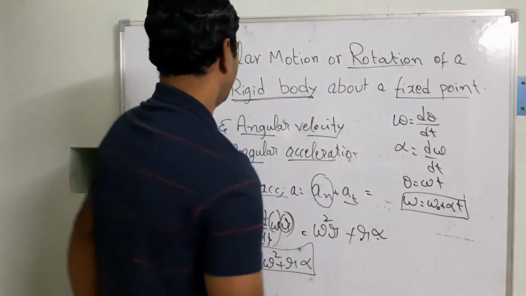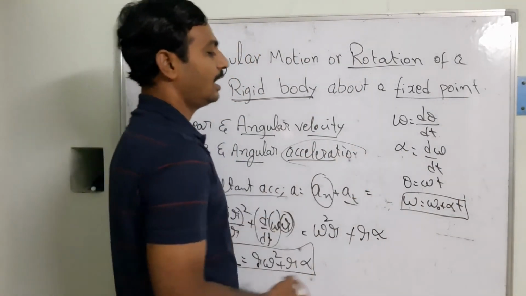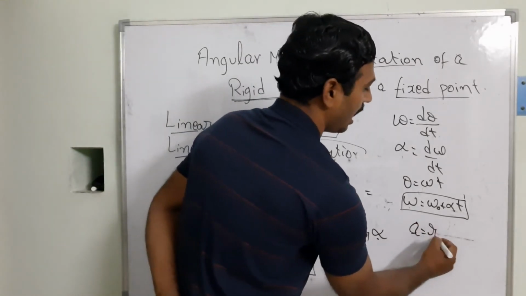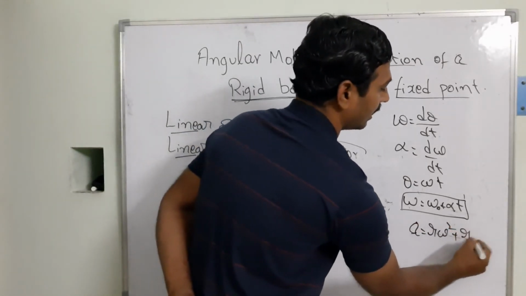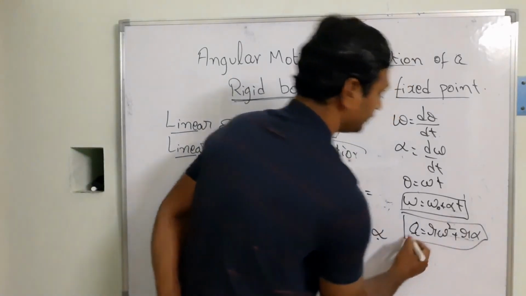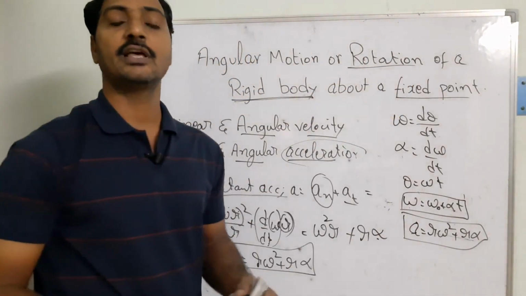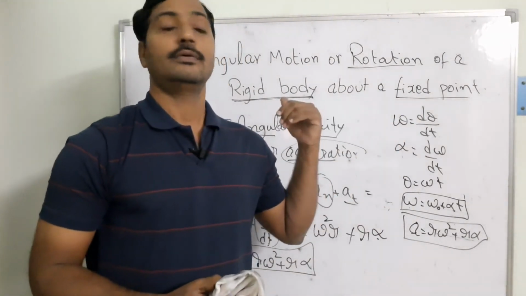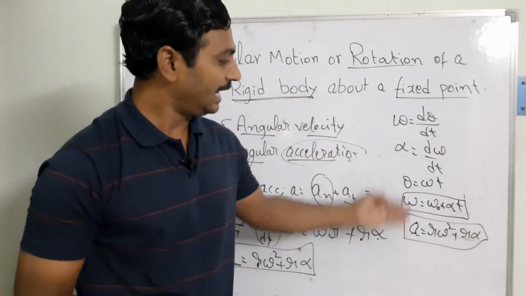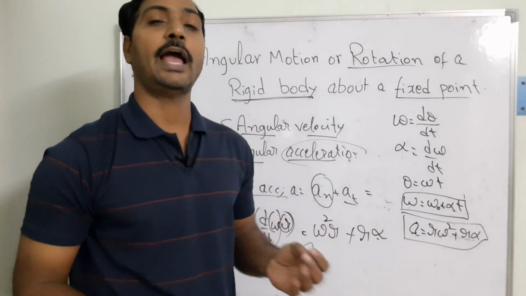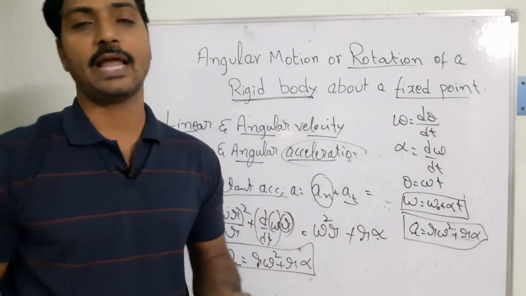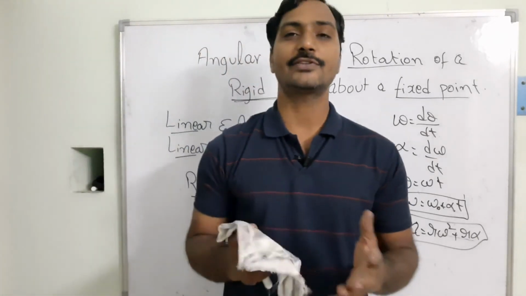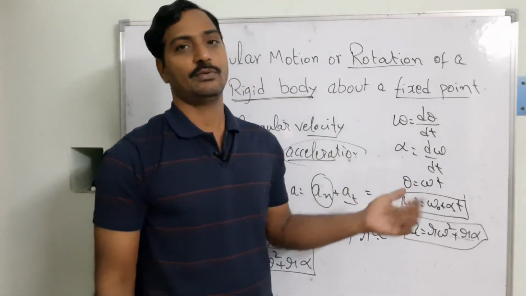Further, taking them in a single equation, we got the resultant acceleration is equal to r omega square plus r into alpha. This way we have derived these equations. They are helpful to find different parameters like angular velocity, angular acceleration, or angular displacement. I hope you are able to understand what we have discussed.